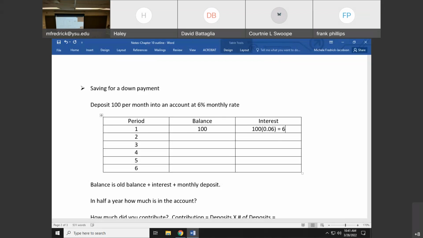So $6. So it's a little bit different than the credit card. You make interest that month because they're using your money.